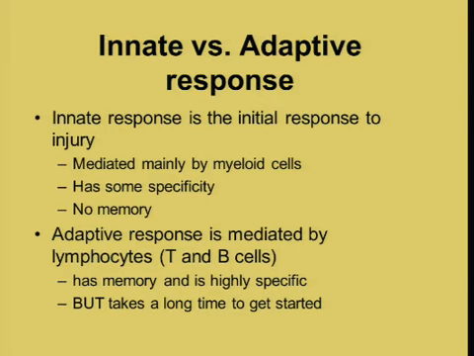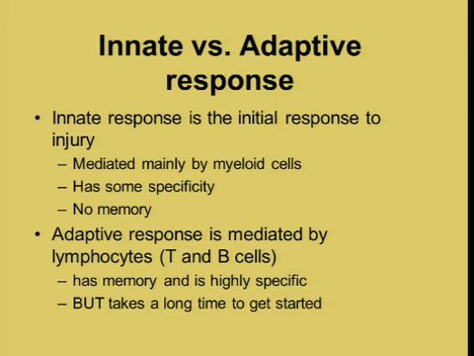In general, an innate response is usually the first response to some sort of insult, some sort of injury or attack. It's mediated by myeloid cells, has some specificity, but does not have any memory, meaning that each time an antigen encounters the innate immune system, it treats that antigen as if it's seen it for the first time, even though it's coming a second time.